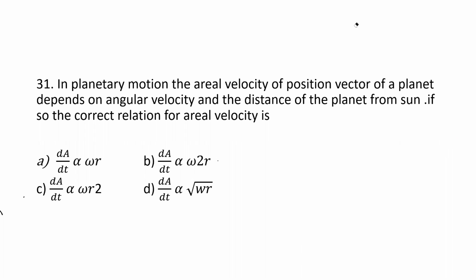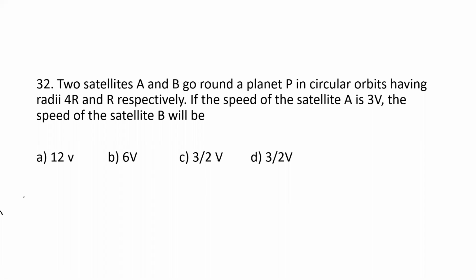Let us see the next question. Two satellites A and B go round a planet P in circular orbits having radii 4r and r respectively. If the speed of satellite A is 3v, the speed of satellite B will be?